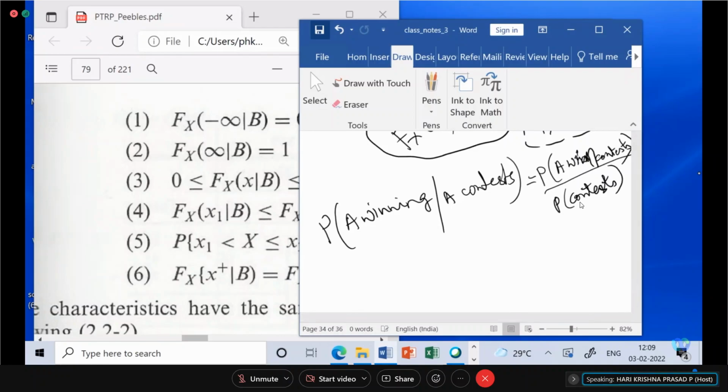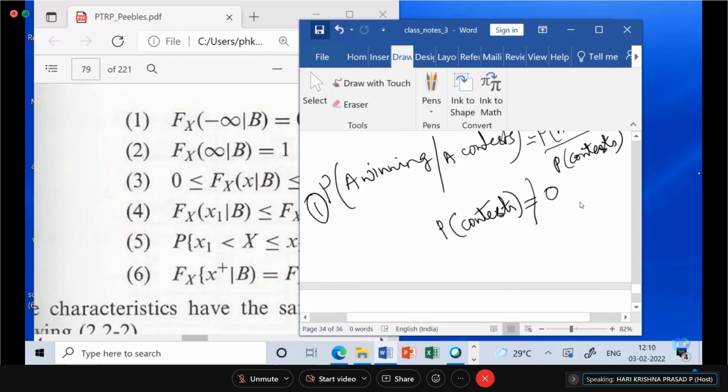Suppose the probability of the person contesting is 0, then this becomes undefined. It should never be 0. So that person should be very much there in the contesting candidates list. That is the importance of the definition, right?